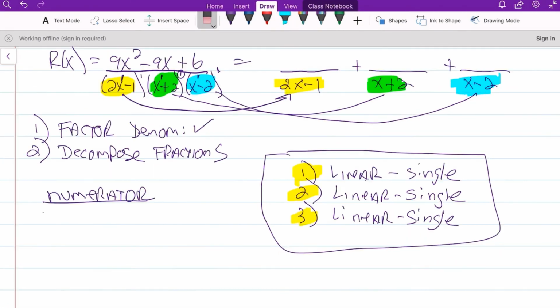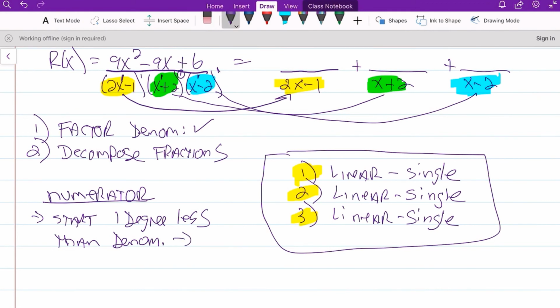So your numerator is going to start 1 degree less than the denominator. Okay? So for instance, in our examples, all our denominators were linear, so 1 degree less than linear would be constant. Your numerator starts 1 degree less than the denominator, and it has to account all the way down to the constant term.